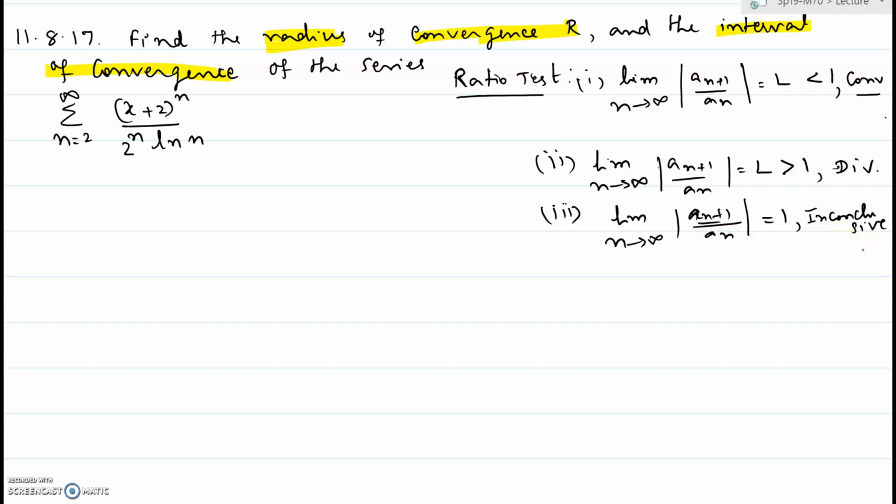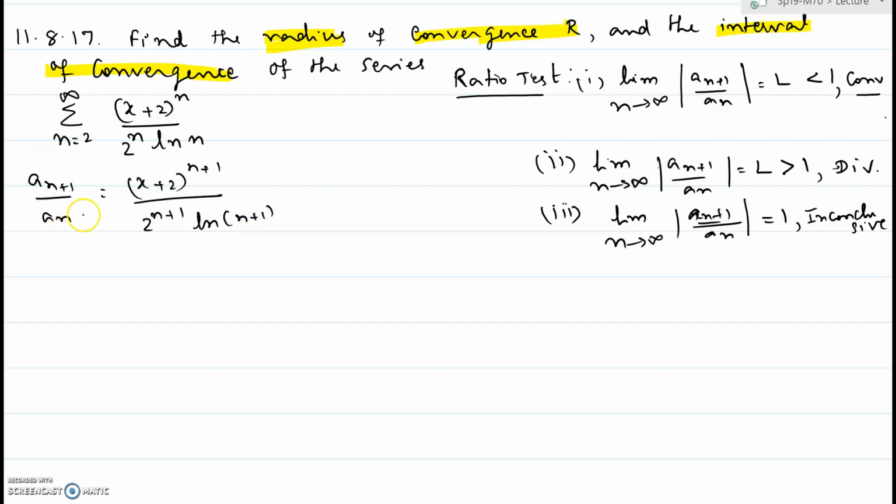Now we're going to consider this ratio. So let's consider a_(n+1) over a_n, which is (x plus 2) to the power n plus 1 over 2 to the power n plus 1, ln of n plus 1.